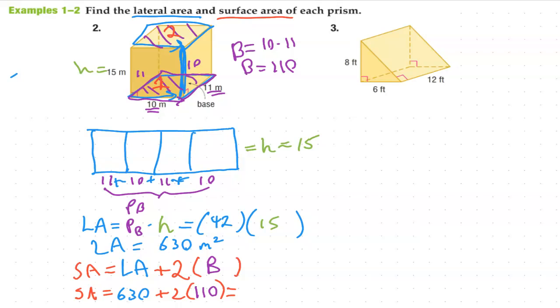So that ends up being 850 meters squared. And that is our answer for our surface area. So surface area is 850, and lateral area is 630. We'll do the other one in another video.